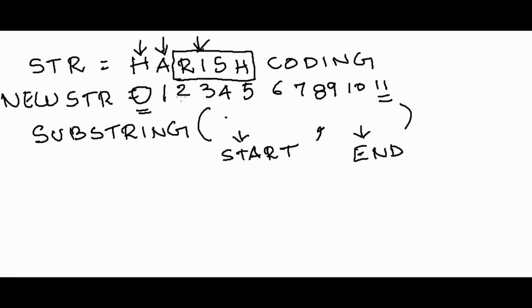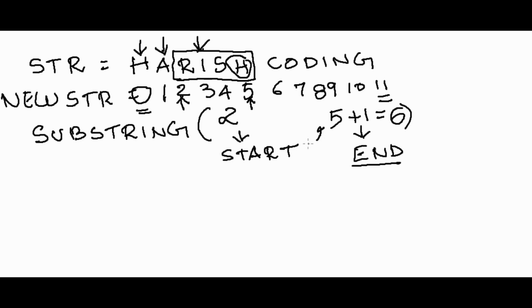The index of R is 2, so we have to place 2 over here. For the end index, the end character is H and the index of H is 5. Sorry, we cannot place 5 directly over here. We have to increment the 5 by 1, and then 6 is the new value which we have to place in the end index.